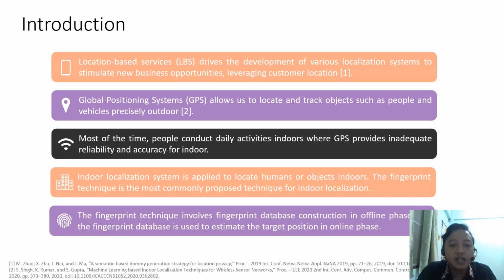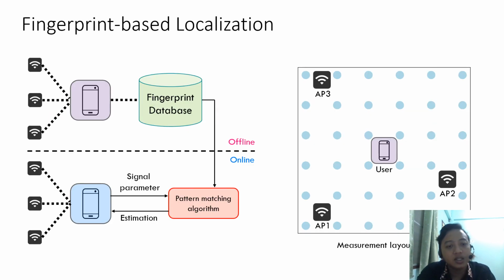The fingerprint technique is the most commonly proposed technique for indoor localization because it provides accurate location estimation. The fingerprint technique divides into two phases, offline and online. In the offline phase, we construct the fingerprint database by collecting a signal parameter, for example, received signal strength indicator, or RSSI.